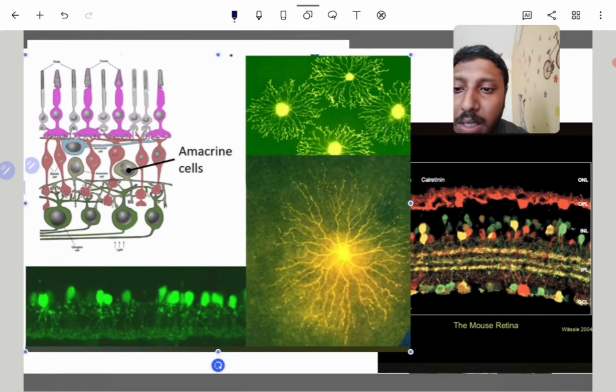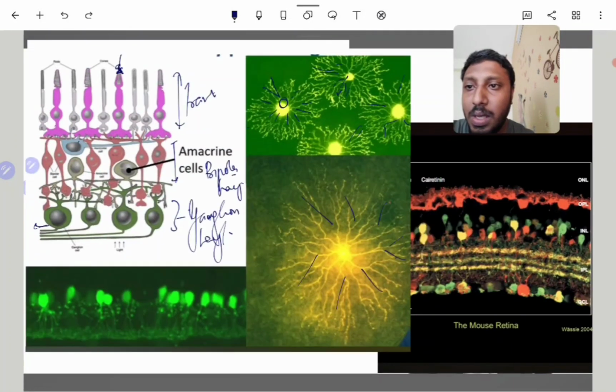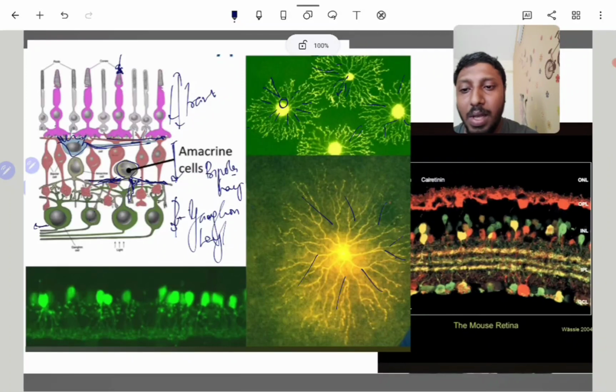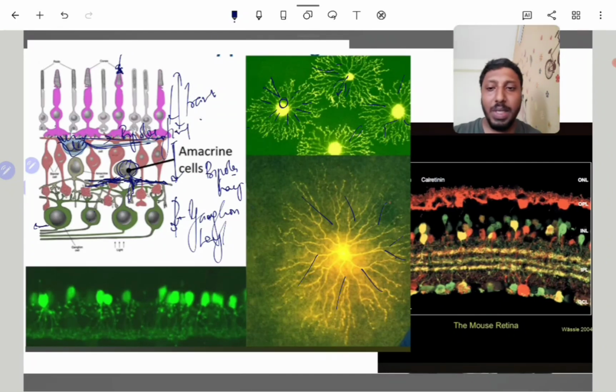Okay, in this bipolar layer, there are horizontal cells like this that are acting like this. And in the lower layer, at the ganglion layer, amacrine cells are trying to inhibit, and a lot of connections are here. Okay, so this is the essential thing. So transduction, bipolar, ganglion, and amacrine between these 2 layers trying to control the ganglion firing, and horizontal cells trying to control the bipolar firing. Okay, so that much is done.